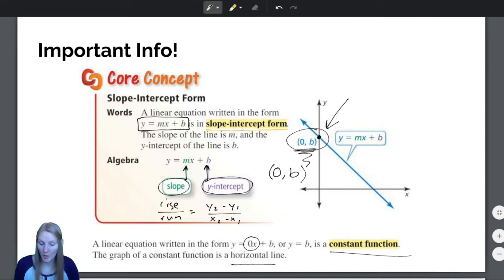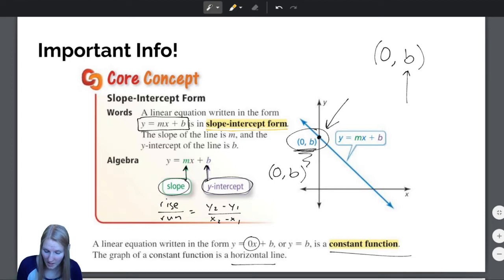If you have a point where the x-coordinate is 0, that is guaranteed to be a y-intercept. Because if we're on the y-axis, that is x equals 0.